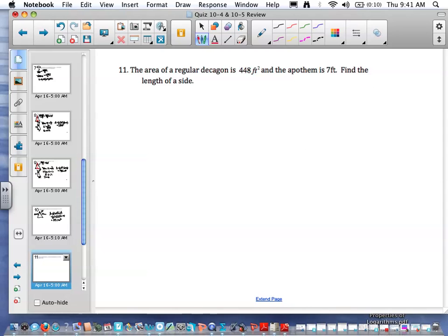Next, number 11 says the area of a regular decagon is 448 feet squared. The apothem is 7 feet, and you need to find the length of a side. So remember, the area is equal to 1/2 the apothem times the perimeter.